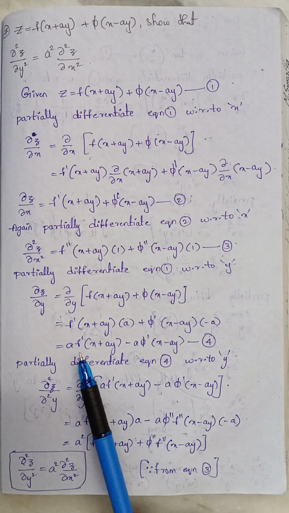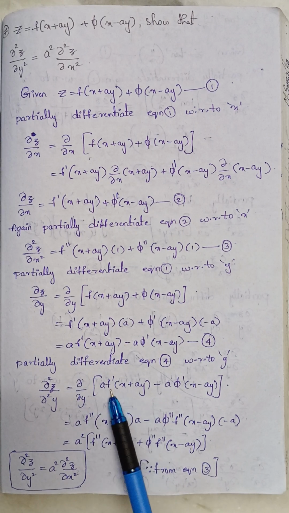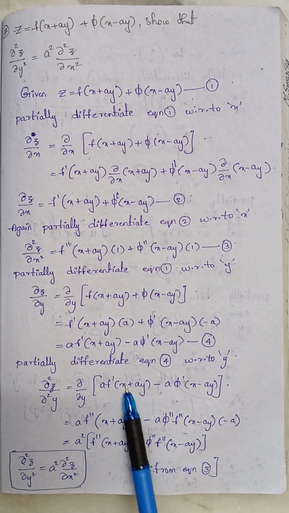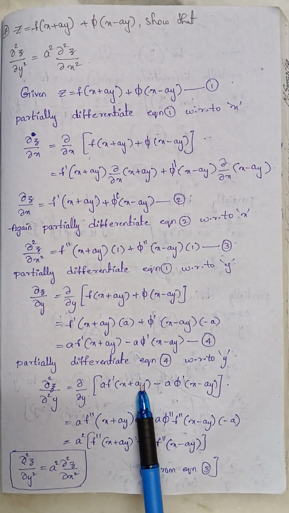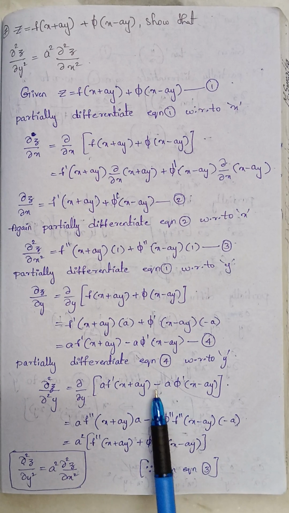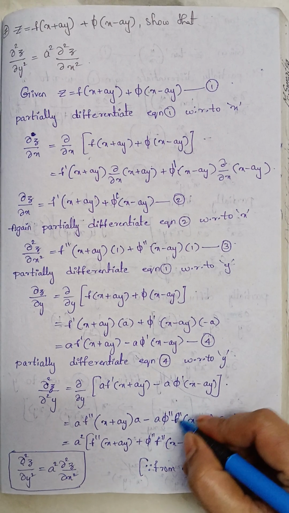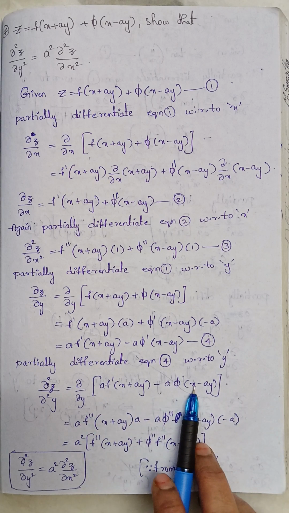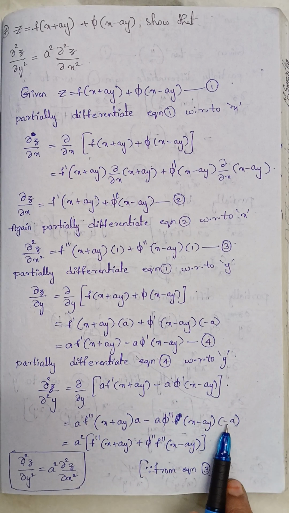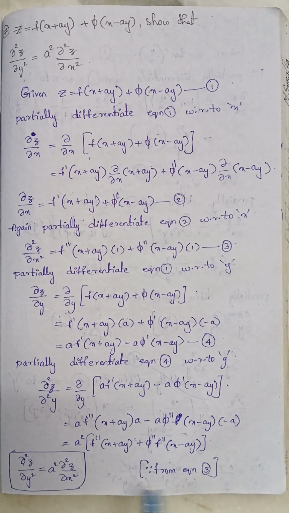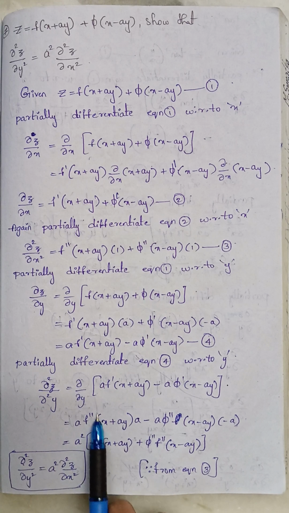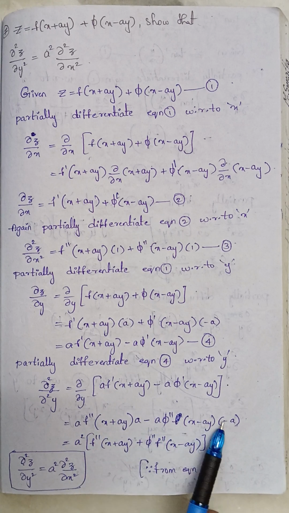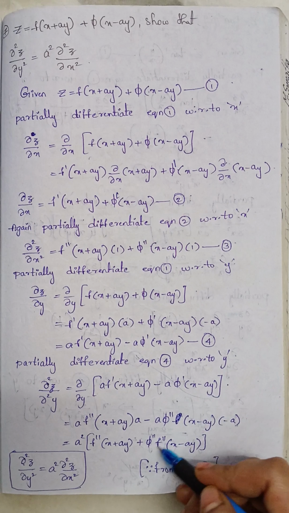So again a take it as it is, f dash derivative is f double dash, again differentiate with respect to y in the sense here a. Similarly for this minus a take it as it is, f double dash of x minus ay. Then with respect to y means x is constant, here minus a. Ay derivative is minus a. From these two, a square taken as common, f double dash of this minus into minus plus pi double dash of x minus ay.